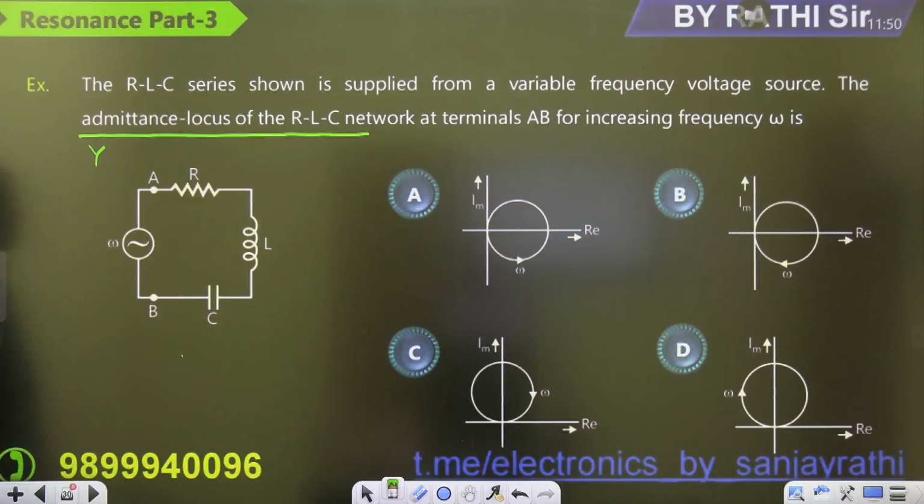So already I have given, when omega is less than the resonance frequency, it is a capacitive circuit. The arrow is important. That is the objective question.